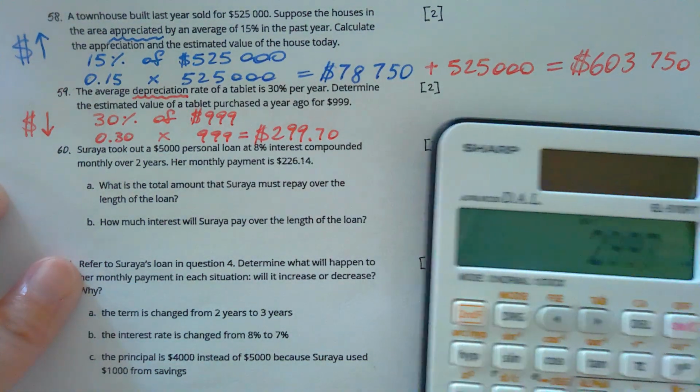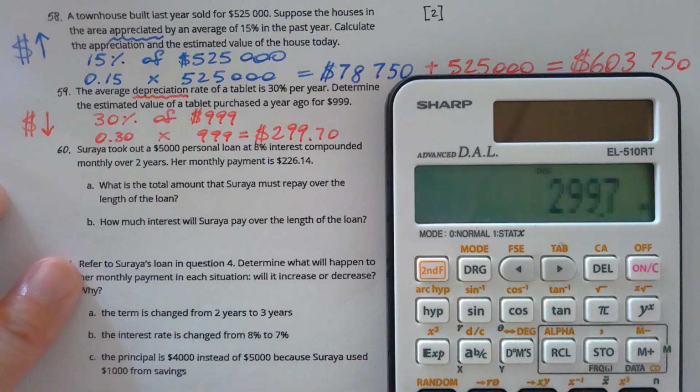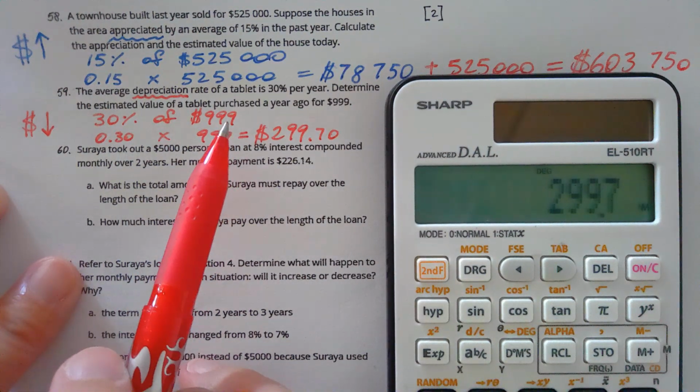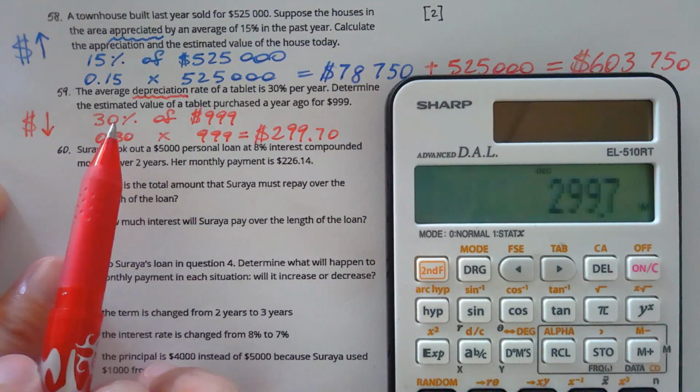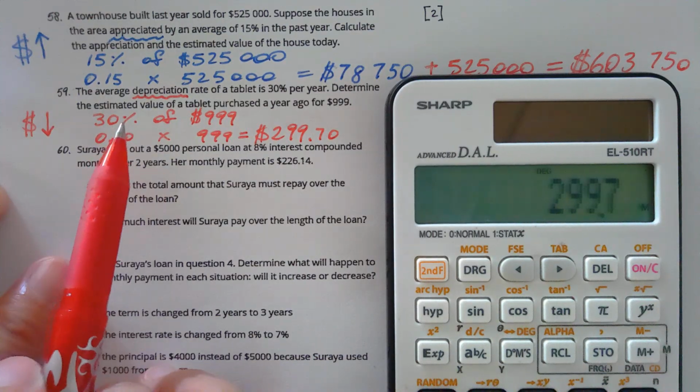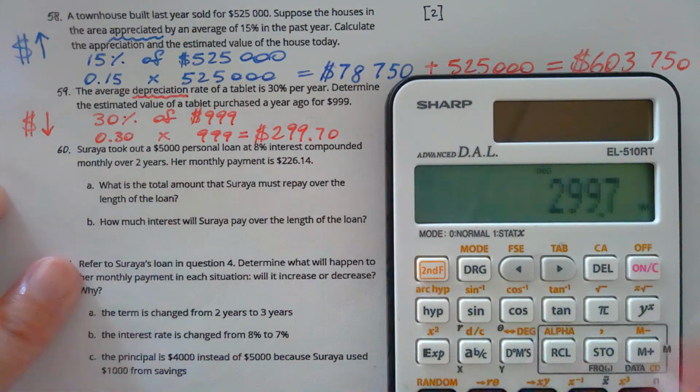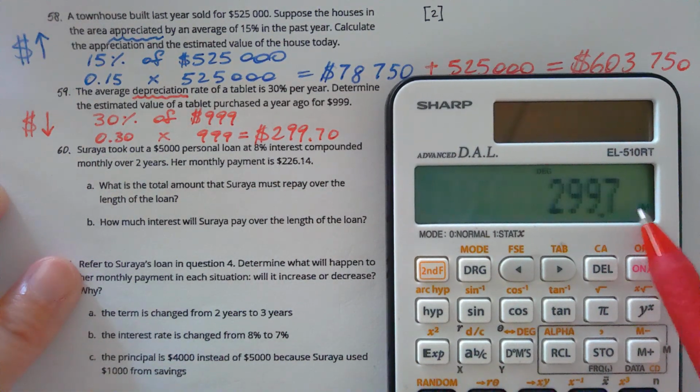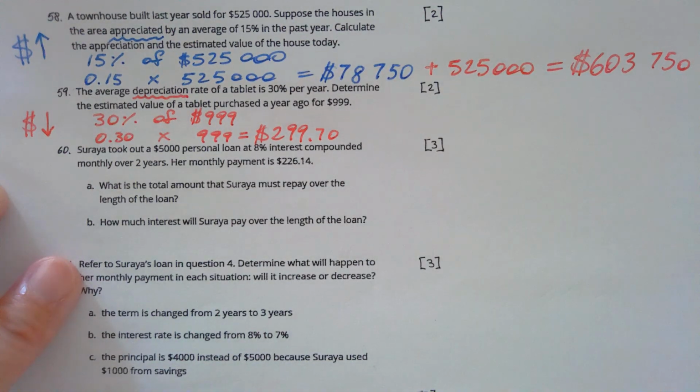$299.70. All right. You can't just divide it by 3, because remember, if you divide it by 3, it's 33%, not 30%. And I did two decimal places because we're talking about money. So does that mean the tablet is worth $299 now?